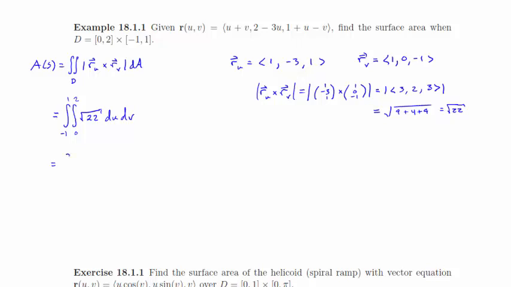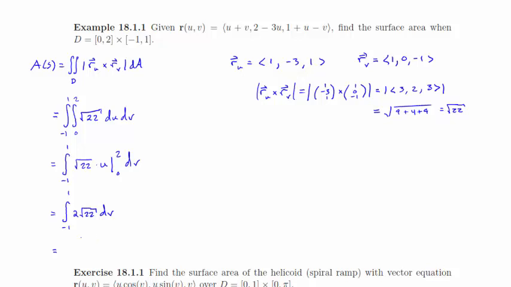Alright, so here I then take the antiderivative with respect to u, and I get the square root of 22 times u evaluated from 0 to 2 dv. This equals the integral from negative 1 to 1 of 2 square root of 22 dv.